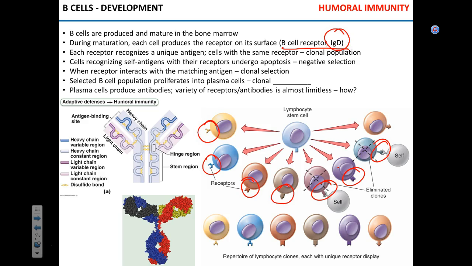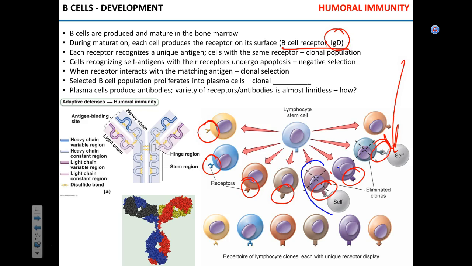How do we call these problems? It's a B cell that recognizes your own tissue: autoimmune response. Do we want an autoimmune response? We do not.